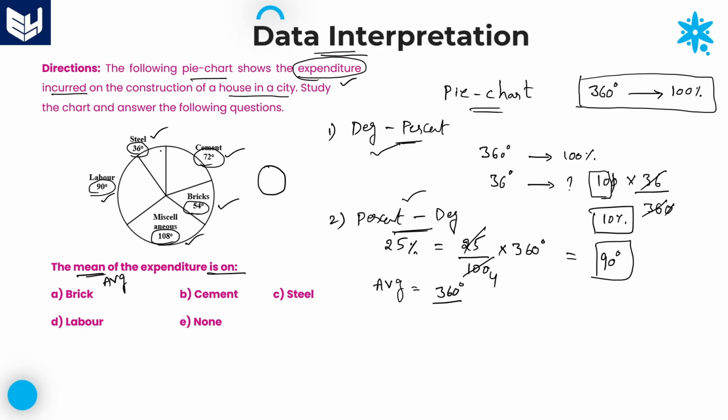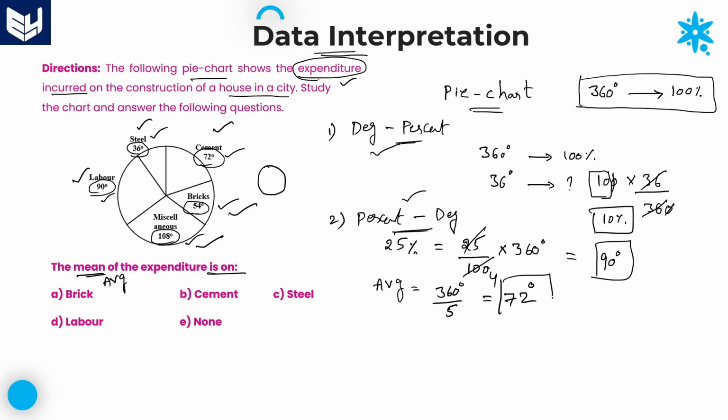Now you can count how many different observations there are: 1, 2, 3, 4 and 5. Total 5 different observations: steel, cement, bricks, miscellaneous, labor. 360 divided by 5 is equal to how much? 5 sevens are 35, and next 72.